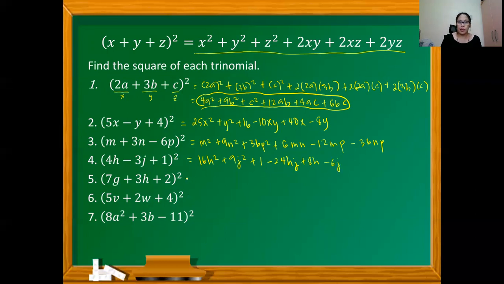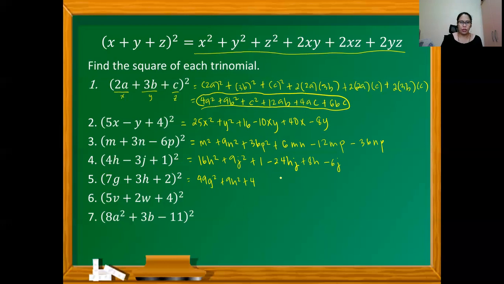And then for number 5, again, we square the first term, the second term, and the last term. So we have the square of 7g, 49g squared. Square of 3h, we have 9h squared. Square of 2 is 4. And then 2 times 7g times 3h. So this gives us 14 times 3.